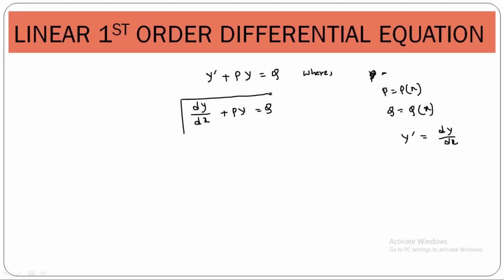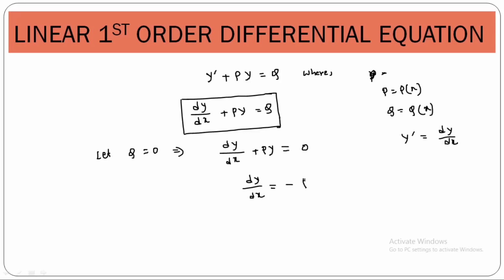Now to solve this differential equation, let me first take q equal to 0, to get a very simple equation. If you put q equal to 0, then you will simply get dy/dx + py = 0. Now if you write it this way, dy/dx = -py.